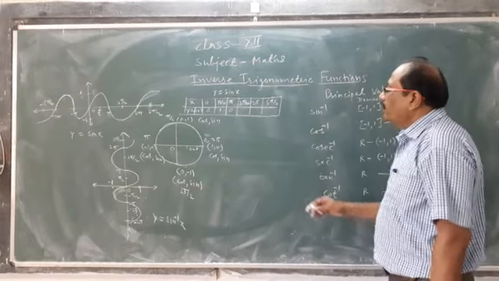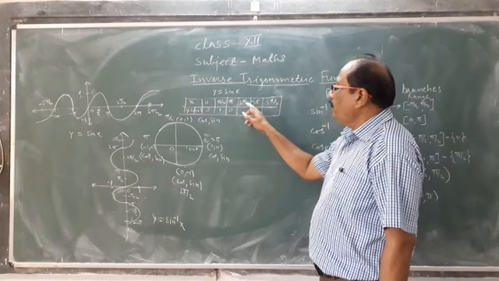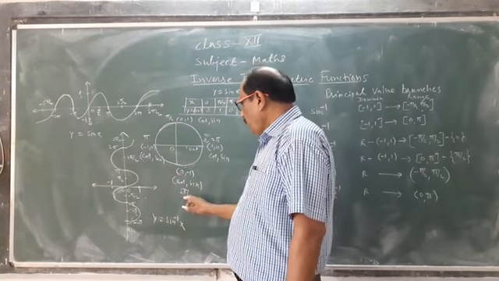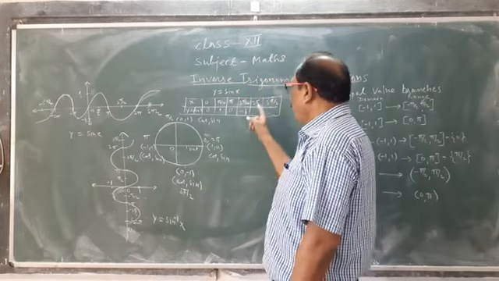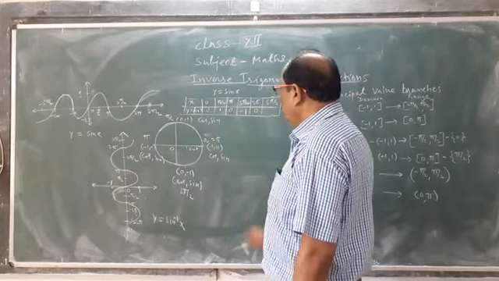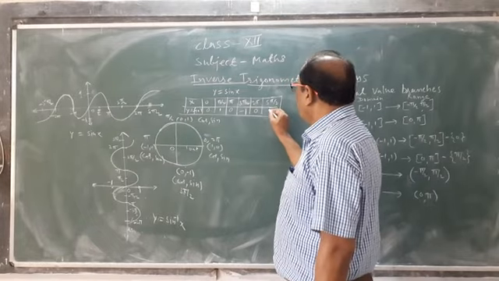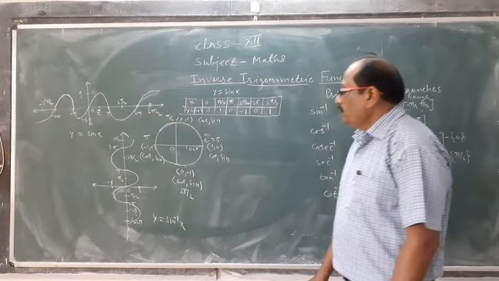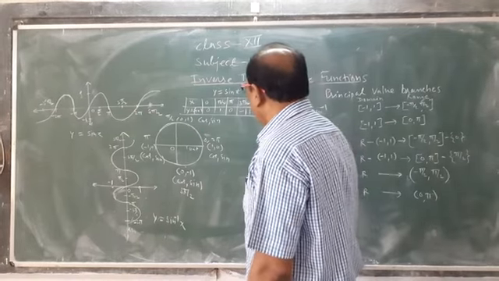Here what we want is sin 3 pi by 2, which is minus 1. Sin 2 pi is 0. Then sin 5 pi by 2 is 1.